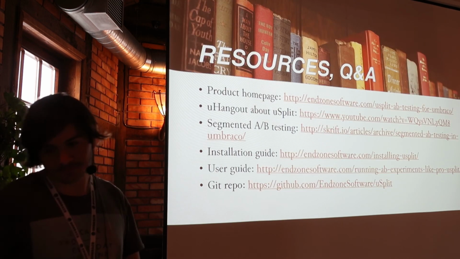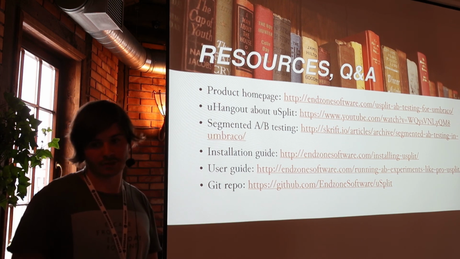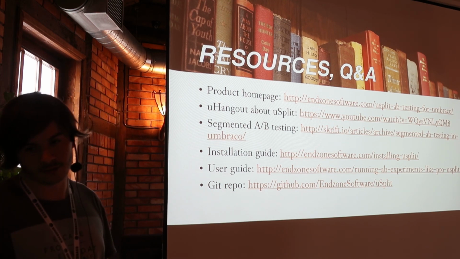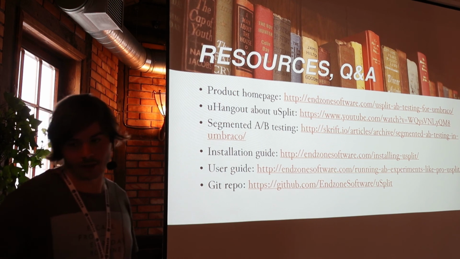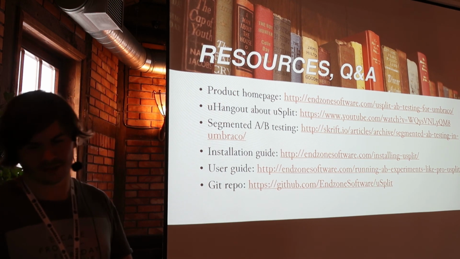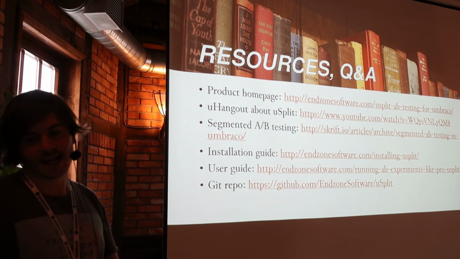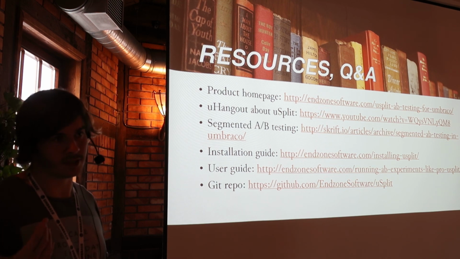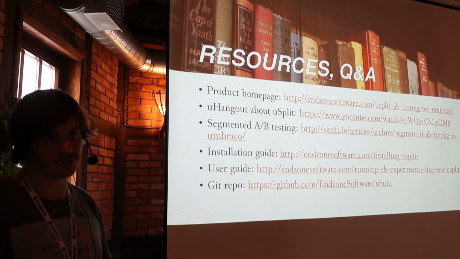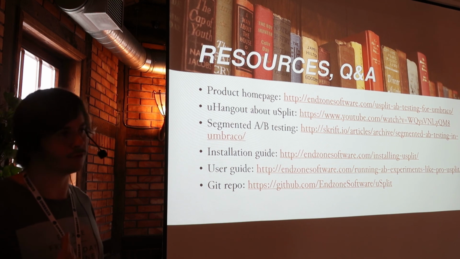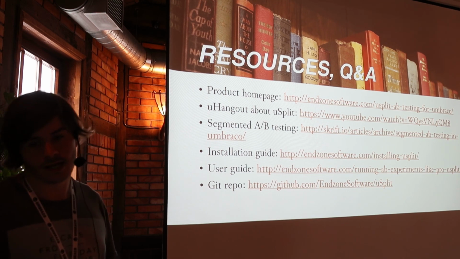And finally, there are a few resources that I mentioned in my talk. I'll share the slides somewhere. I haven't figured out where, but I'll share them. You can look at the product page, where it explains more about the use cases that you want to support, or what it can do for you or for your agency.